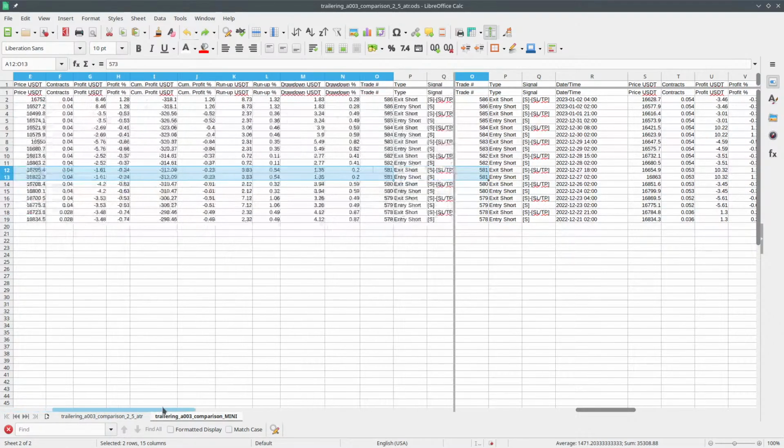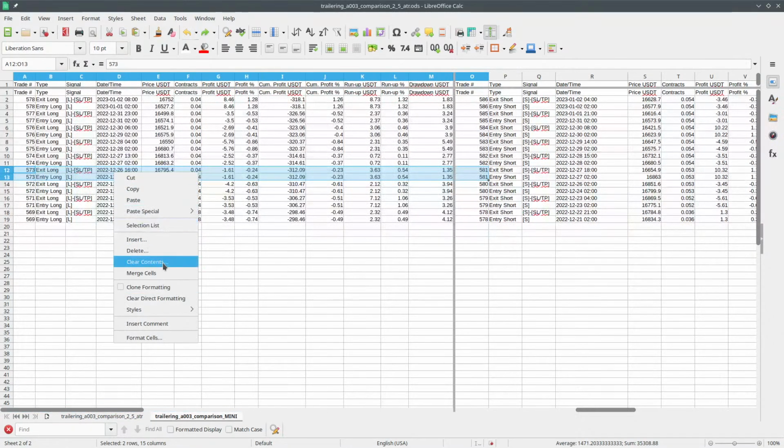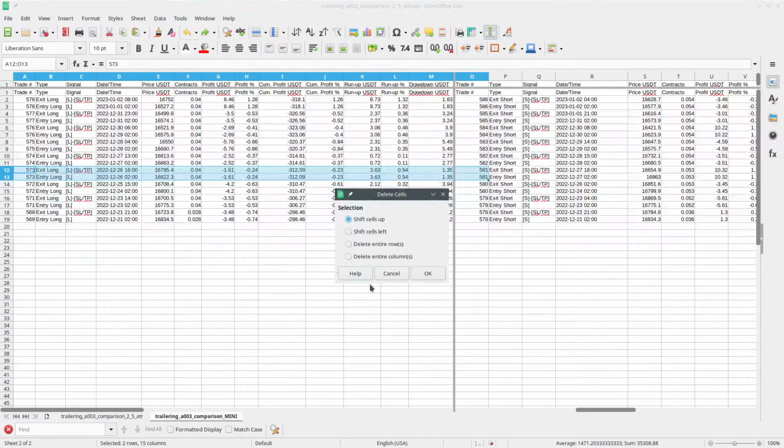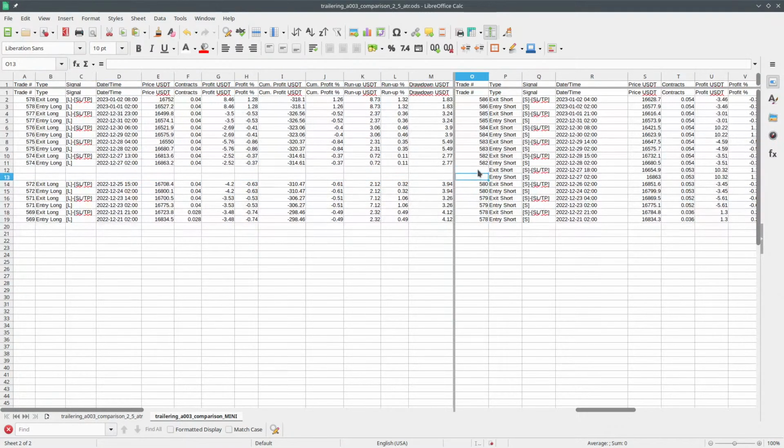So we want this to be removed. Shift cells left. Now I just want to remove this like this, and that's it. Oh, I have removed the number here.